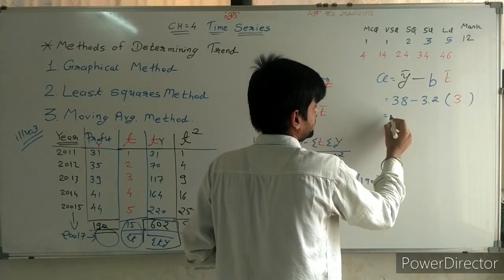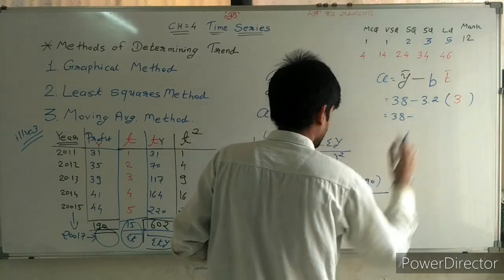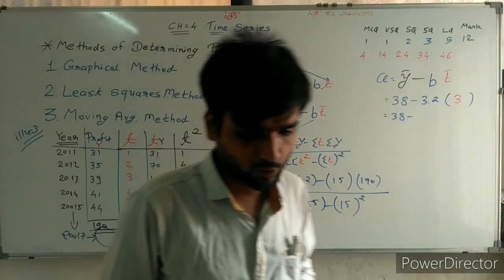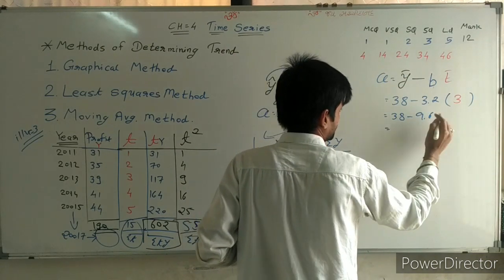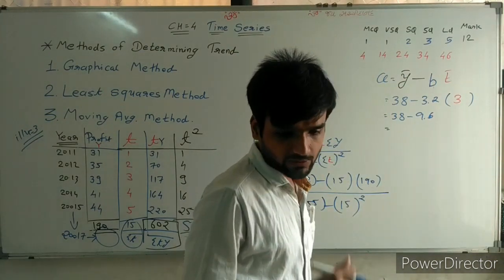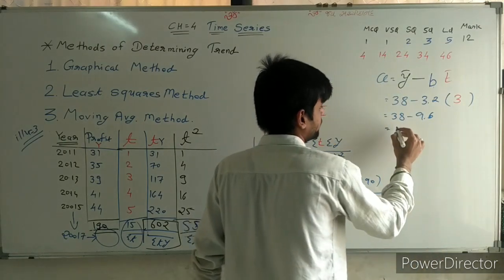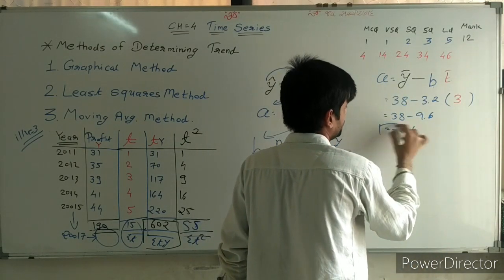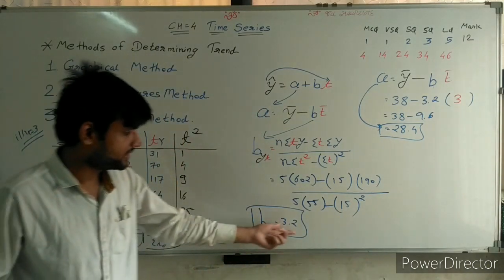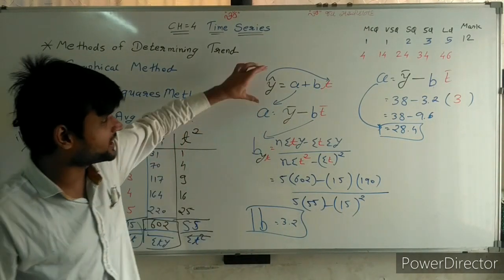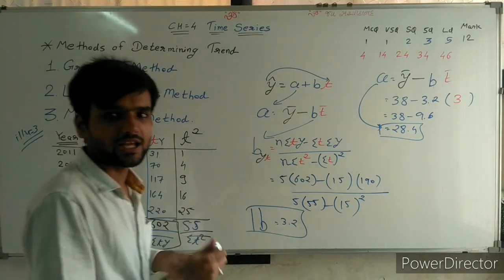Going ahead, 38 minus 3.2 into 3. So 3.2 into 3, 9.6. 38 minus 9.6, 28.4. A is 28.4. B is 3.2. And now making the equation of y cap.